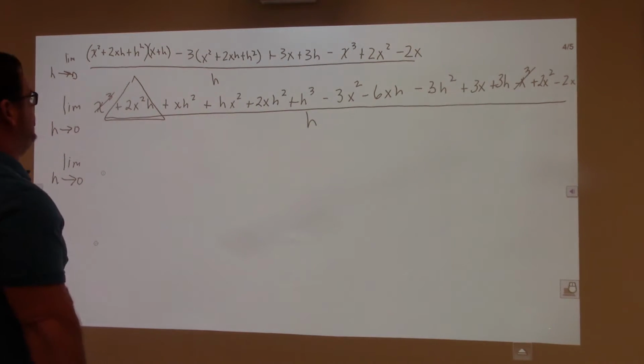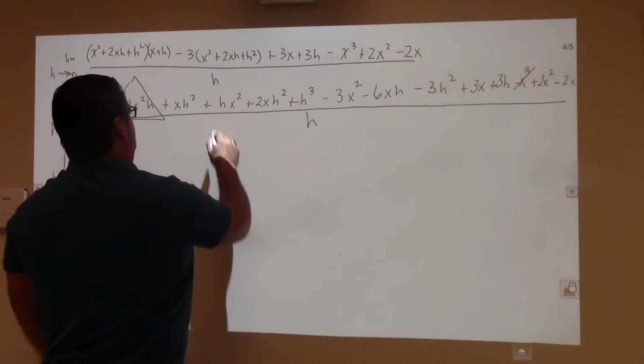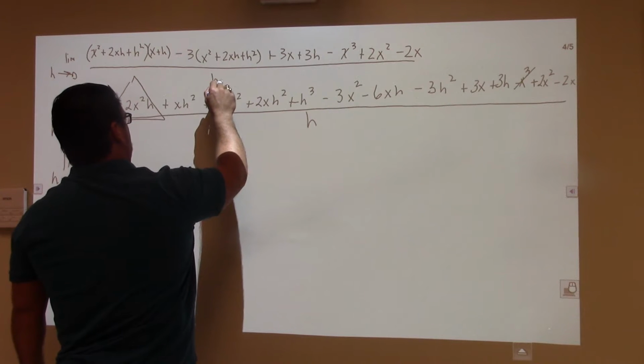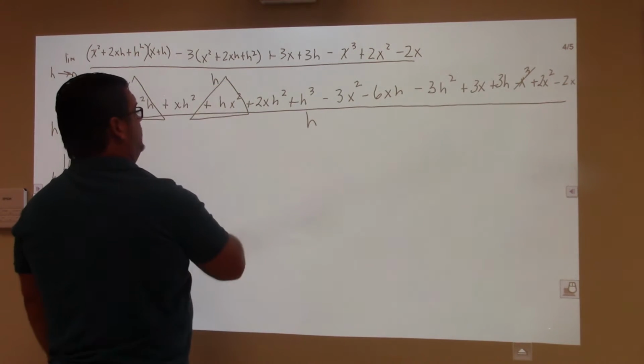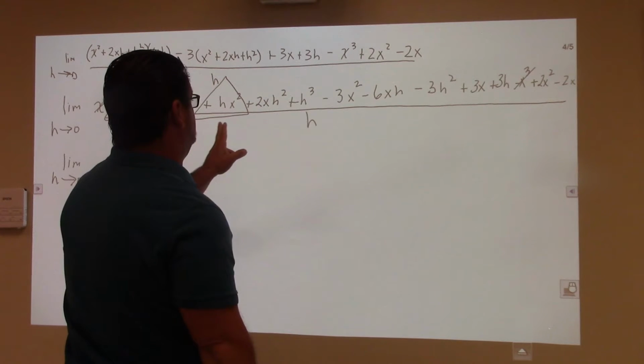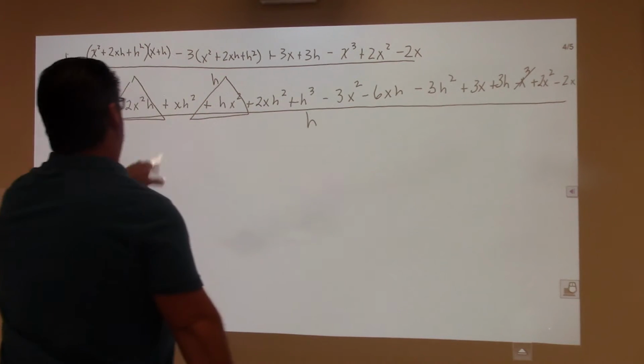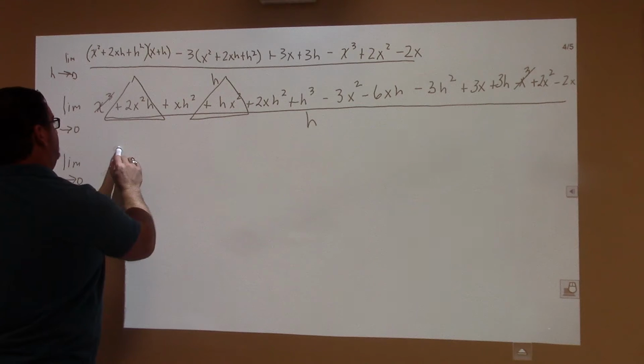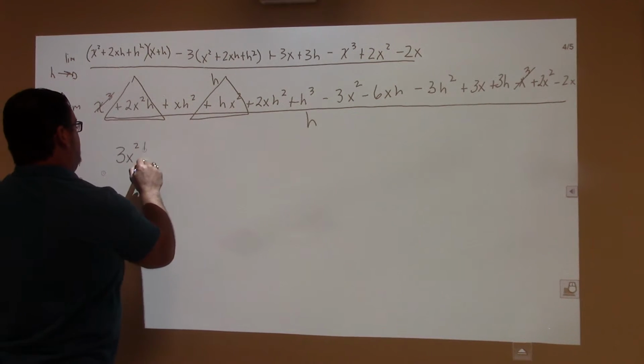Got a 2x squared. There's a 2x. There's an x squared h. I'm looking for x squared h. I don't think there's any more. So 3x squared h.